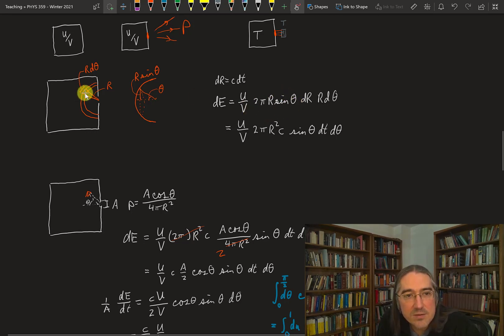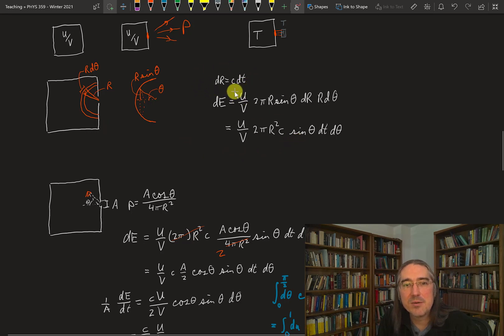Then the cross section of the circle is this r d theta times dr. That's the volume I have, and we know, because we've calculated photons in a box a lot now, there's a constant energy per volume. So energy per volume times our volume gives us our energy. So that's the energy contained in this hemispherical shell.